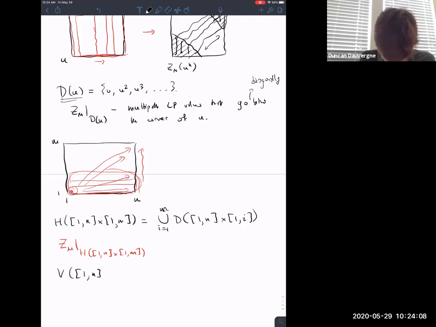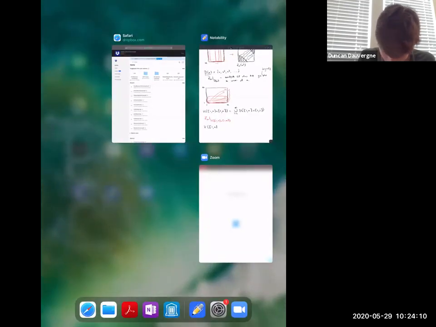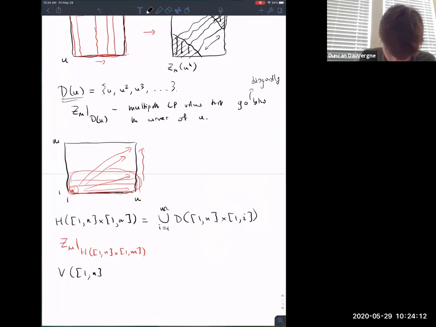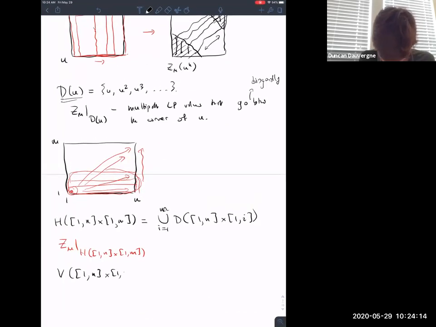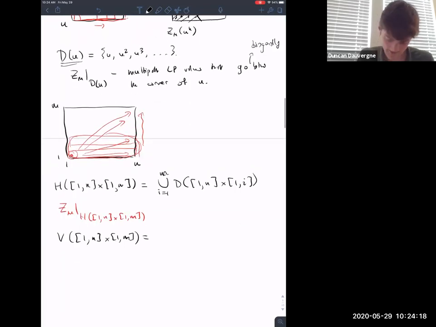And then similarly, V is going to be all multipaths that cross the box going vertically. So this is the union over i equals 1 to n of d1i cross 1n.